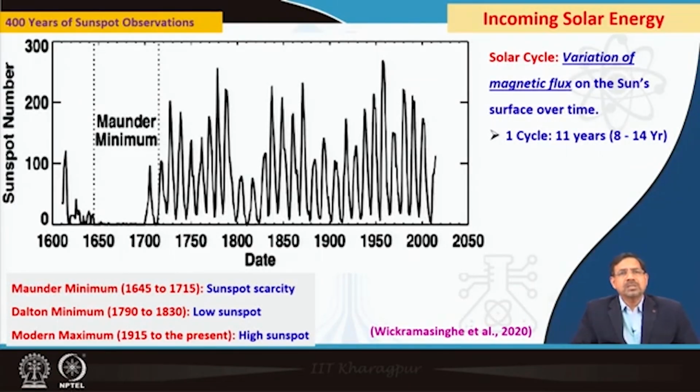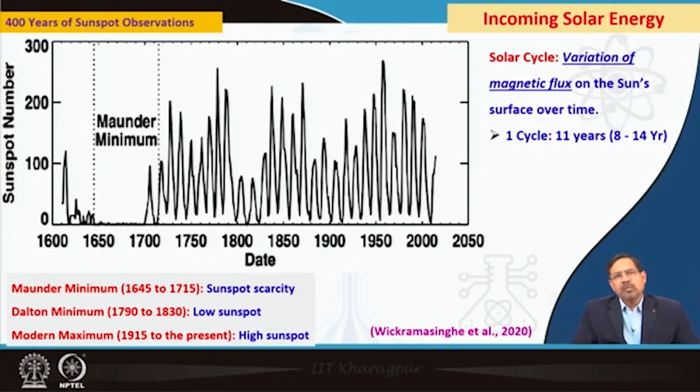Maunder is the first one who actually tried to study this. What he studied was that during 1645 to 1715 there was very little sunspot activity. He named that phase after himself as the Maunder minimum, as far as the sunspot scarcity is concerned.